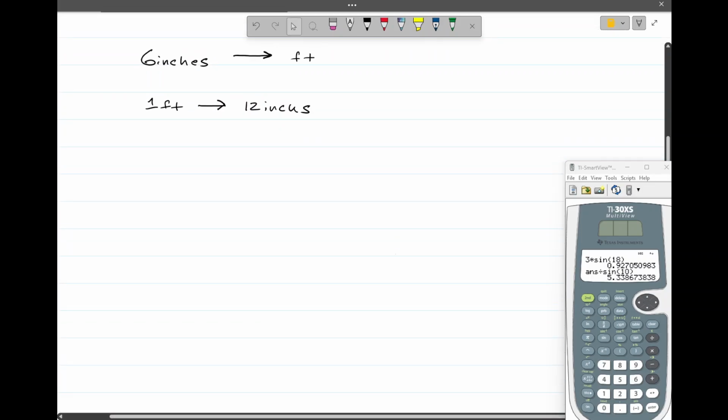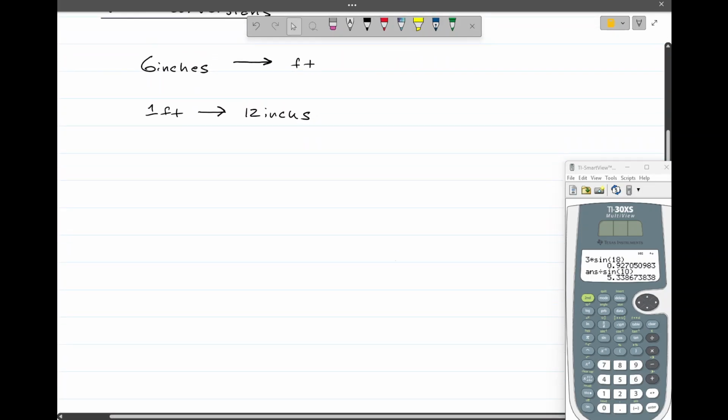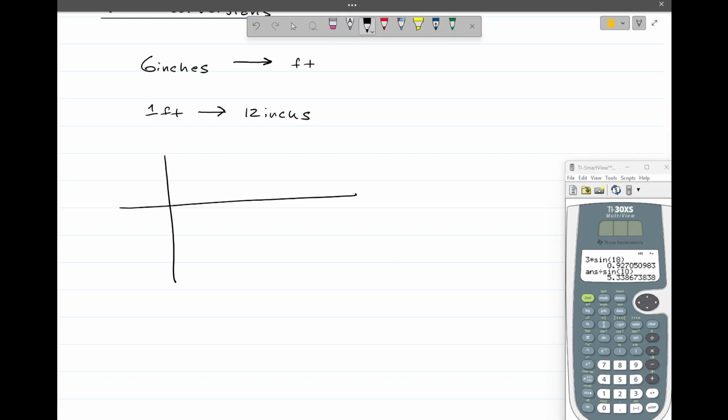Okay, so next, what we have to do to set up the problem is what I call make the tree, which is this grid looking thing here. And right here, you always put what your starting units are.